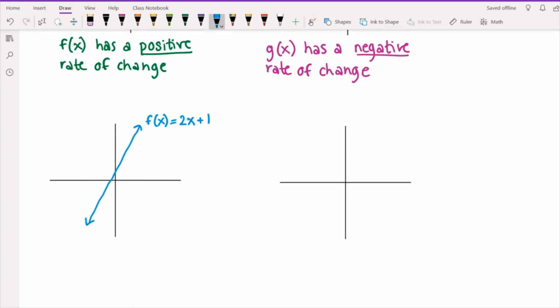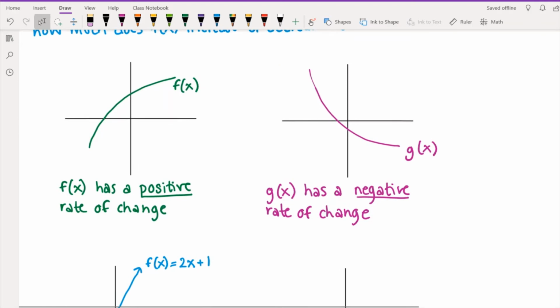The rate of change of a linear function is just its slope. And the really important thing to understand about linear functions is that they have the same rate of change no matter what part of the graph you're looking at, right? Just to compare it to the graphs above, even though the one we drew in green is always increasing, we always see it going up from left to right, parts of it are steeper and other parts are less steep.